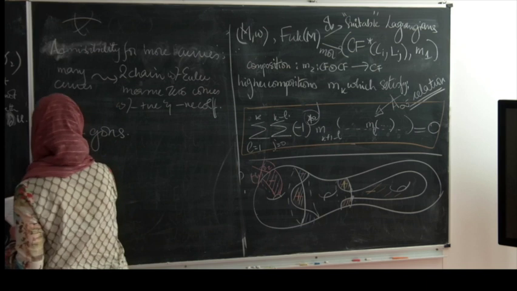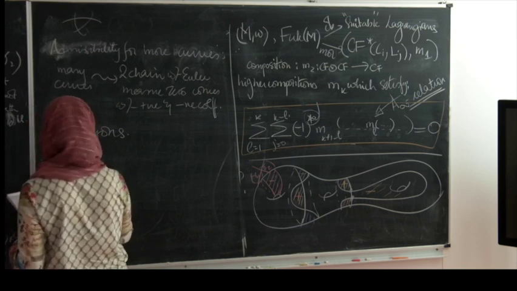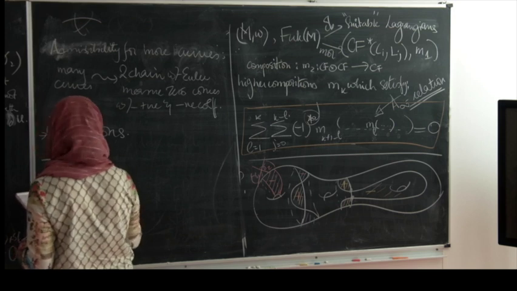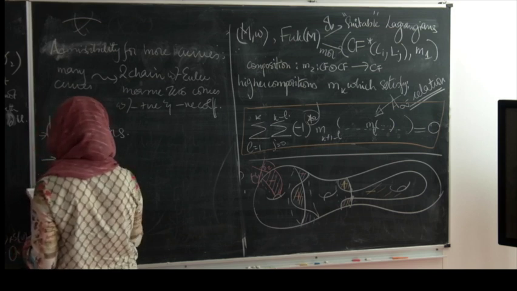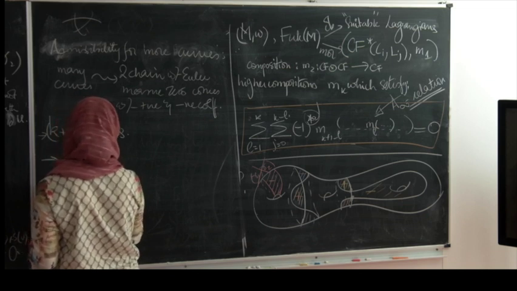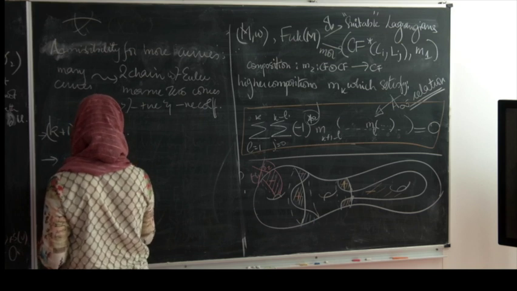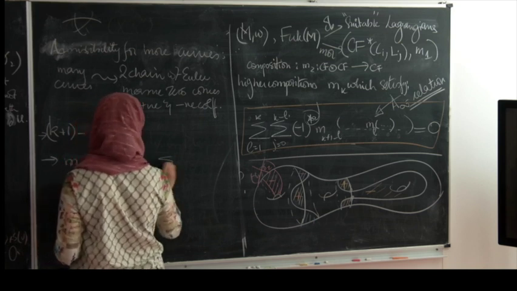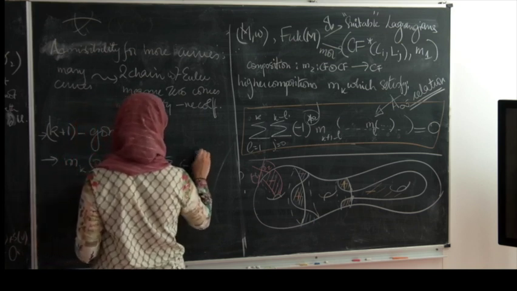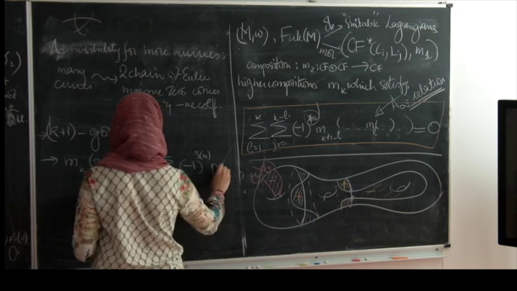And we check that these mk satisfy, again there's a sign involved, but it's just as simple as it can possibly be. It's just a sign and an output.